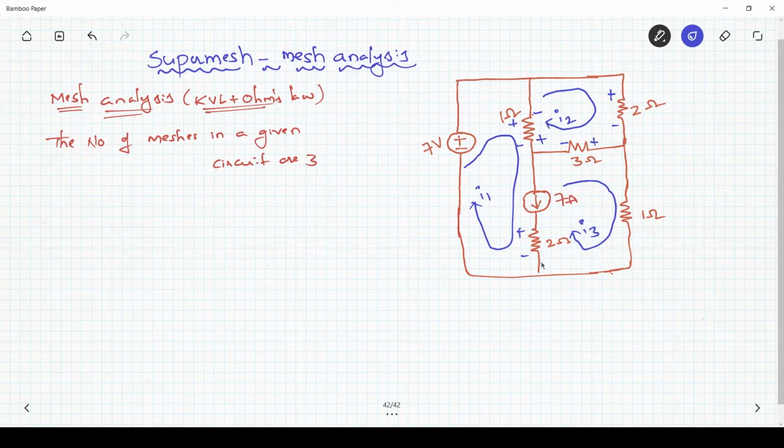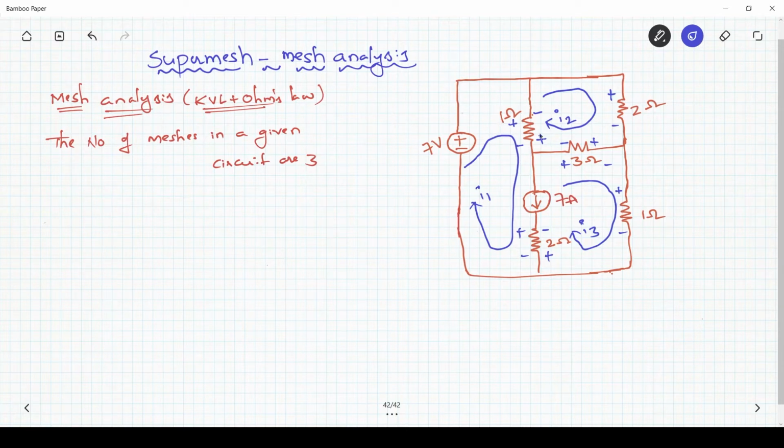Now in mesh 3 you will get plus minus here. So this is the third step. Putting plus and minus means current is flowing from high potential to low potential. That is the meaning of these plus and minus symbols.